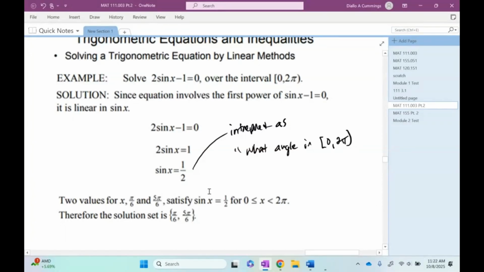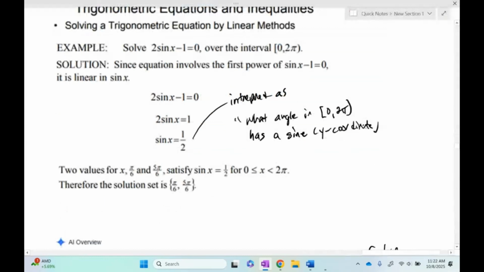Okay. All right, so what angle in the interval from 0 to 2 pi has a sine, which is the y coordinate, of 1/2? So keep in mind that this is not one of those arc functions.